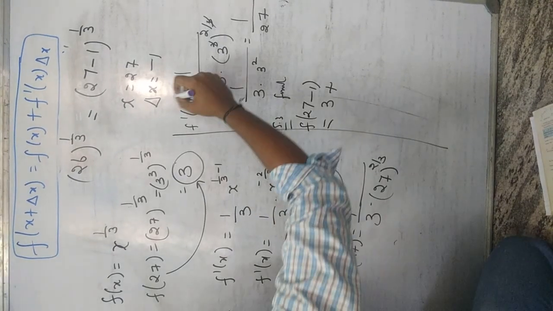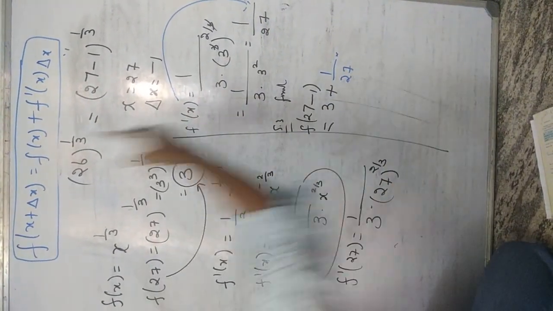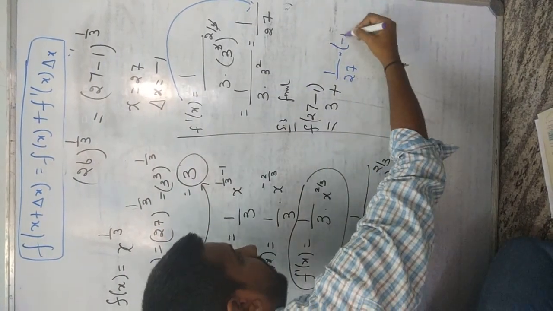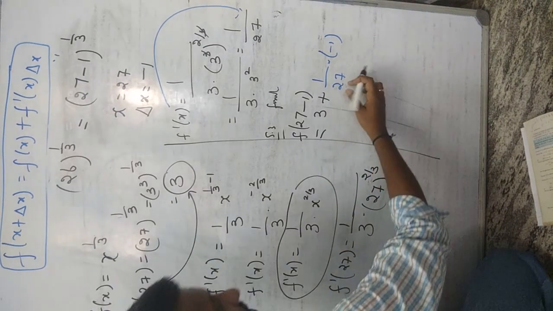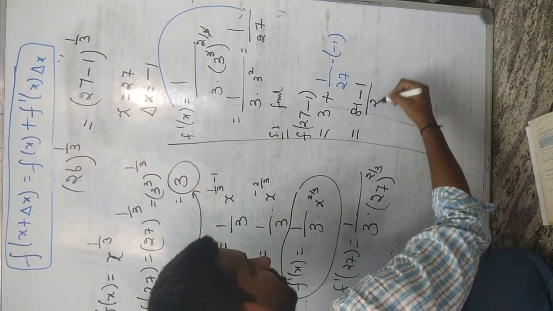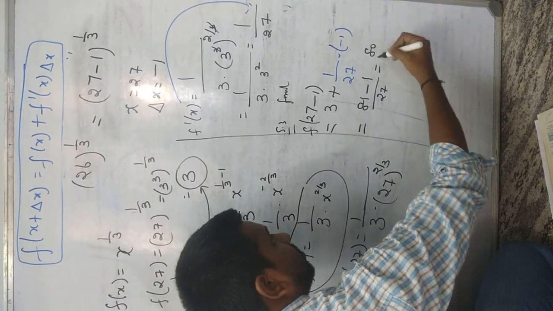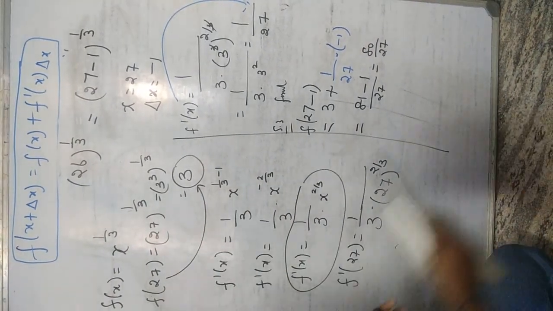F dash of x value 1 by 27 into delta x value -1. Now normal LCM. 27 3s are 81 minus 1 upon 27. Now the answer is 80 by 27. So you can find out the decimal value.